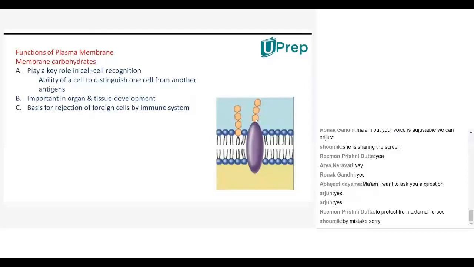Okay. So when the cell is in its early development itself, the membrane structure will have specific receptors like this. Each cell will have receptors like this, which means they all get exposed to some kind of receptor in the early stages of life itself.